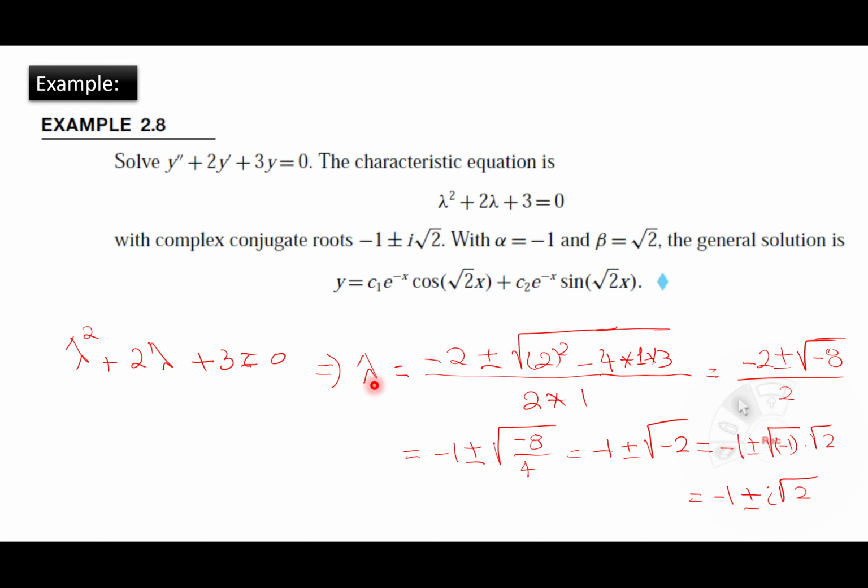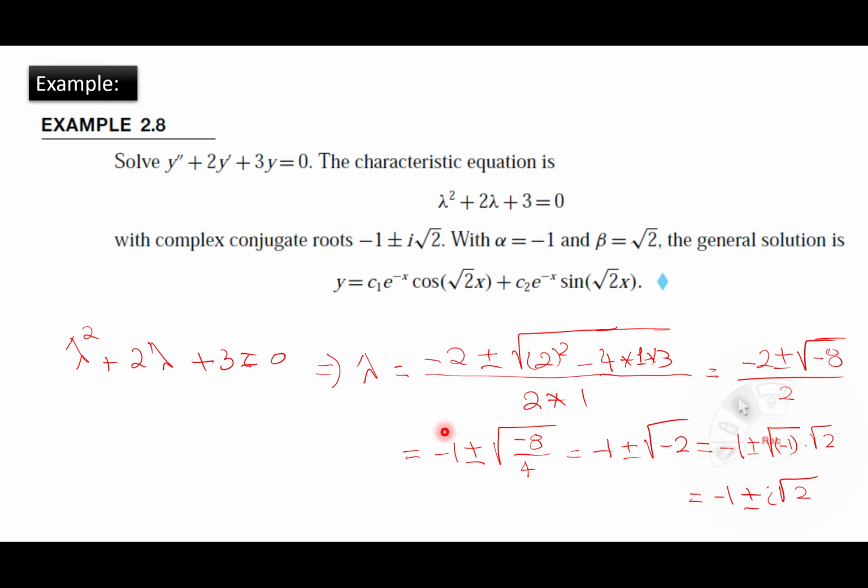Then the roots are lambda equals minus 2 plus or minus the square root of 2 squared, which is this coefficient, minus 4 times 1 times 3. This 1 is the coefficient here, and 3 is the b here. All over 2 times 1. Then this equals minus 2 plus or minus the square root of minus 8, over 2.